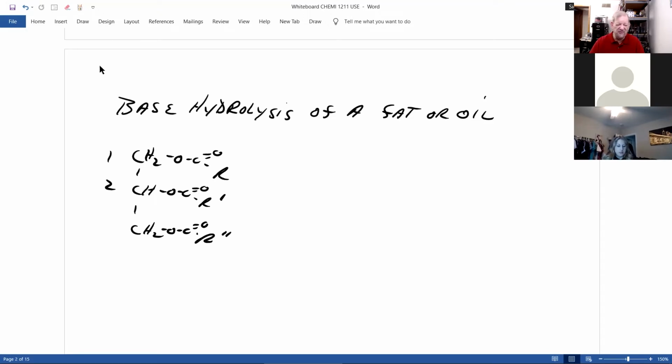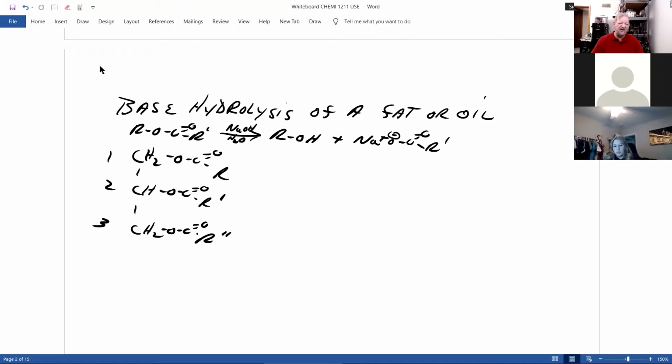And we have the same triglyceride, 3 esters, and I'll write it backwards. And for test 3, you should know, if I take an ester, react it with sodium hydroxide and water, I will get back the alcohol I would have used to make that ester, plus the carboxylate anion of the carboxylic acid I would have used to make that ester.